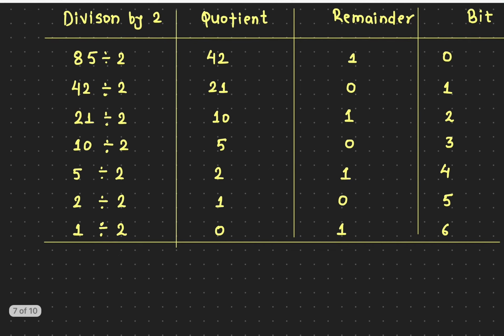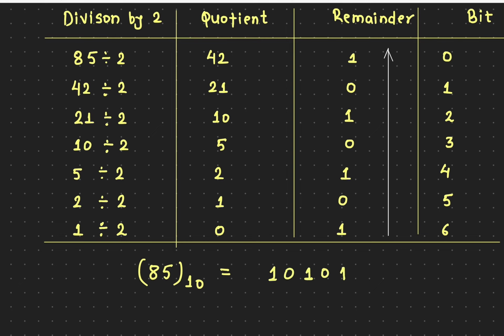Alright, so we have prepared this table, and now all we have to do is write down the remainders, simply from the higher bit to the lower bit. So we have converted 85, which is in the decimal form, to the binary number in this order: 1 0 1 0 1 0 1.